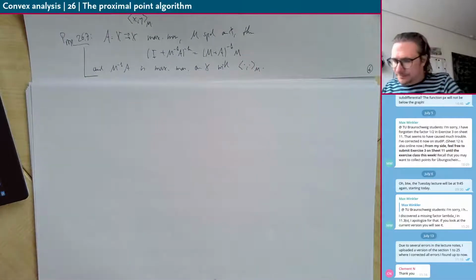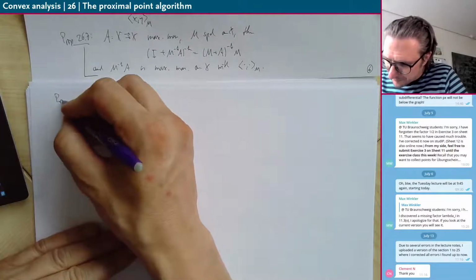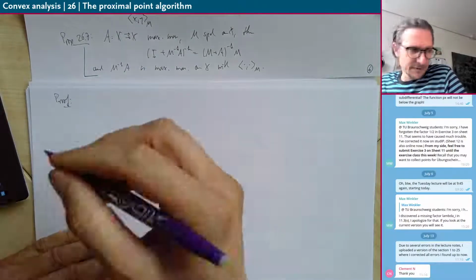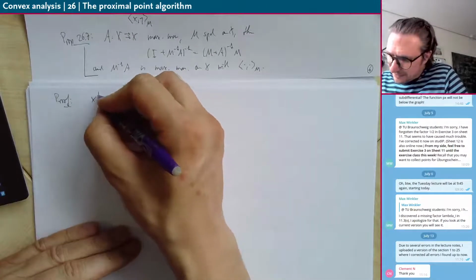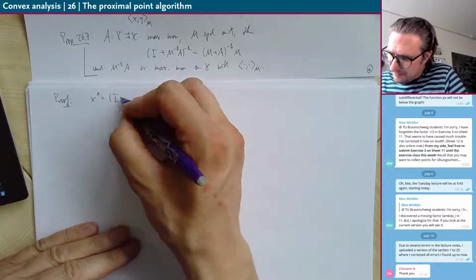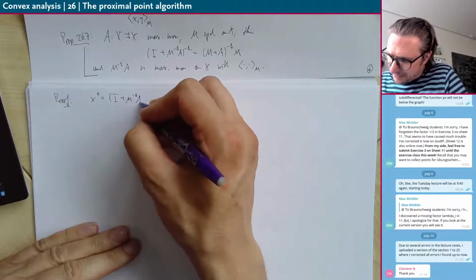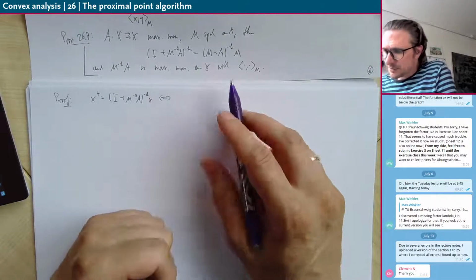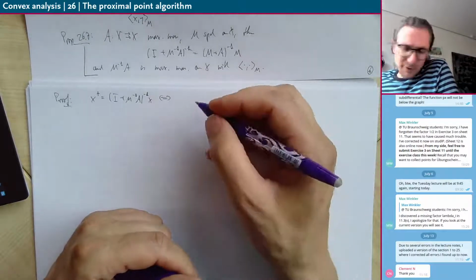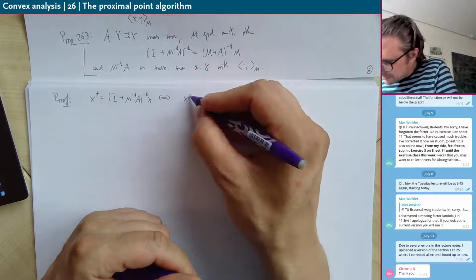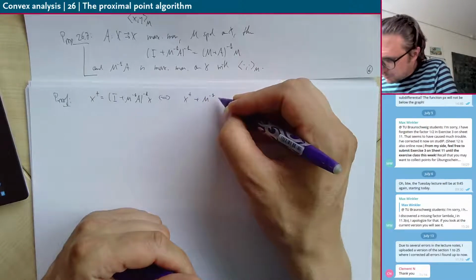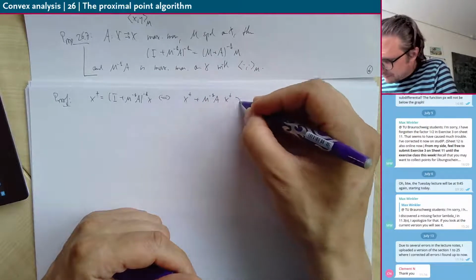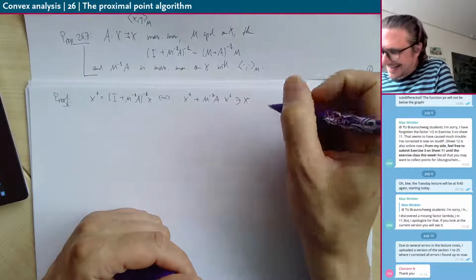So let's first prove the equality. Probably it's simple if you write x plus is equal to (identity plus M to the minus 1 A) to the minus 1 x, and then just rearrange until we are on the right hand side. If you rearrange, bring to the other side, it's x plus plus M to the minus 1 A x plus contains x.